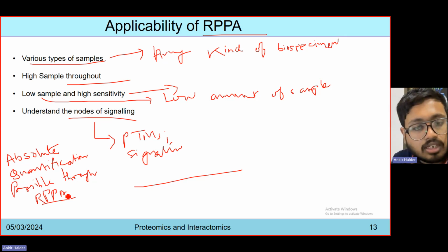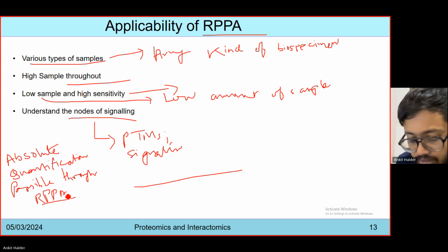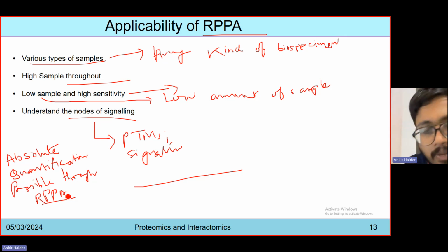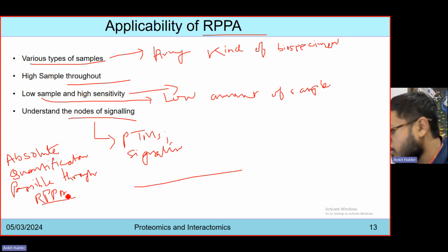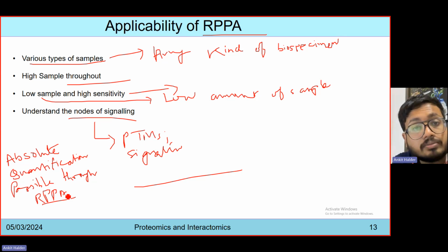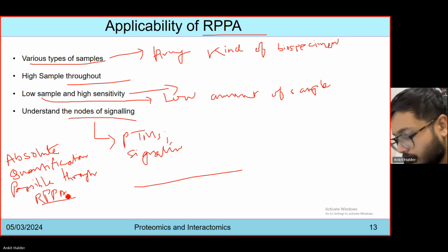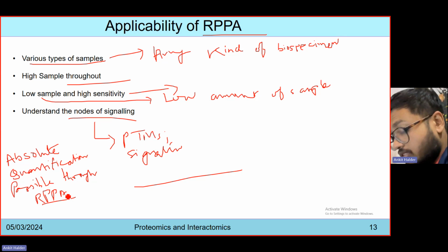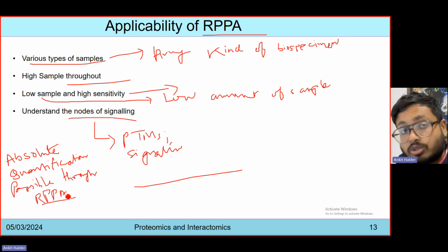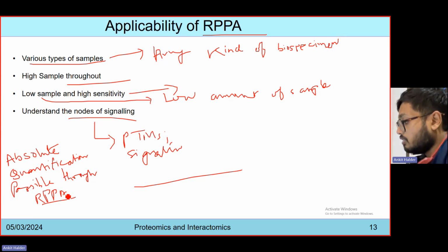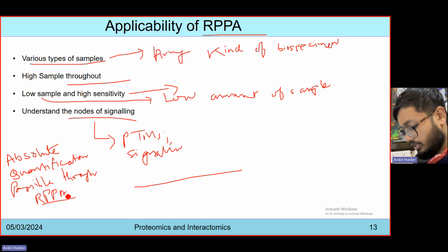Then you can do absolute quantification by gradually increasing the concentration of the proteins and measuring the signal intensities, then measuring the unknown signal, and on the basis of the standard curve you can quantify. Then for different PTM signaling, you can do phosphorylation, but keep in mind to use kinase inhibitors, protease inhibitors, phosphatase inhibitors, etc. It is definitely a high throughput technique, and it also requires a low amount of sample.